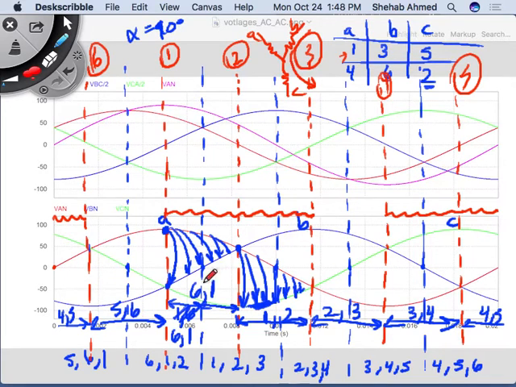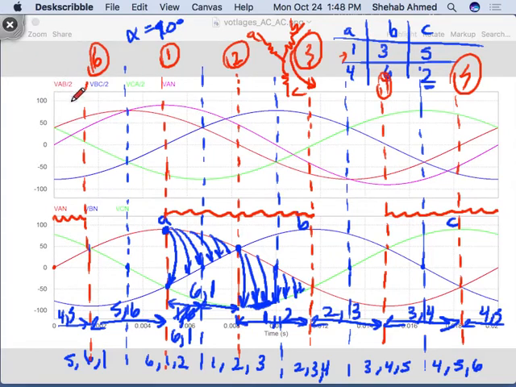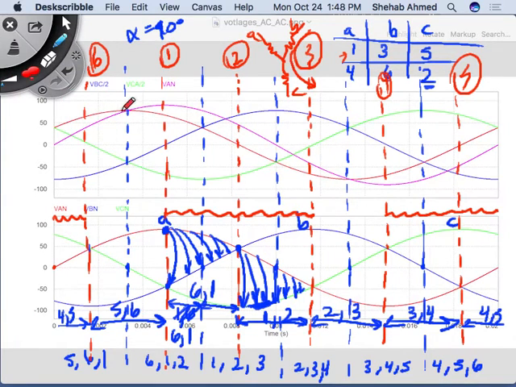So if 6 and 1 are conducting, 1 is phase A, top, and then 6 is B. So VAB over 2 will be my voltage. VAB is my red voltage, so VAB over 2 is the red voltage that I have here. Here at this point, it's the red.